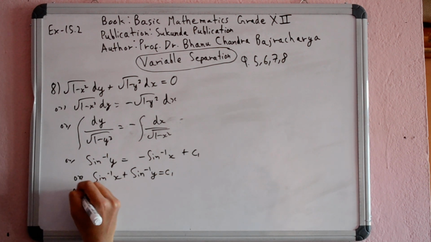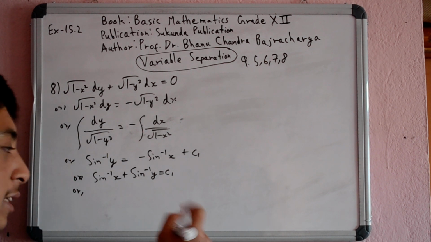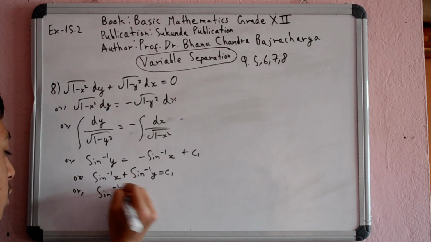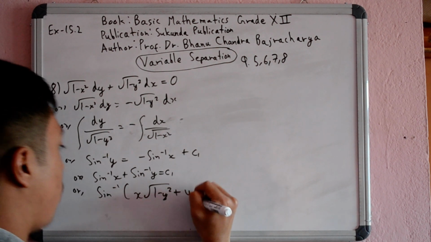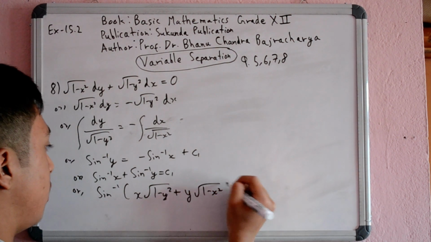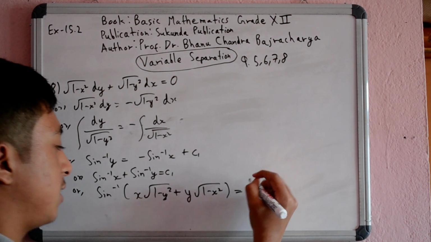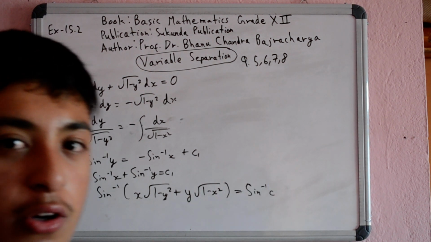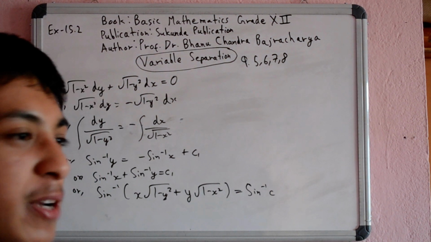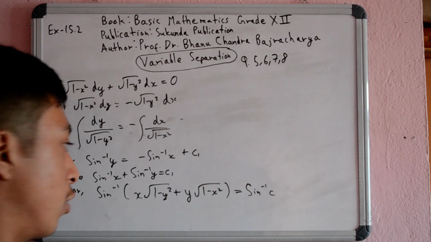Now, I'll be explaining this part later, but for now, this is sine inverse of (x root 1 minus y square plus y root 1 minus x square) equals, well, we can write this constant as the sine inverse of another constant, let's say c, because the trigonometric, inverse trigonometric, exponential, logarithm function of a constant is just another constant.